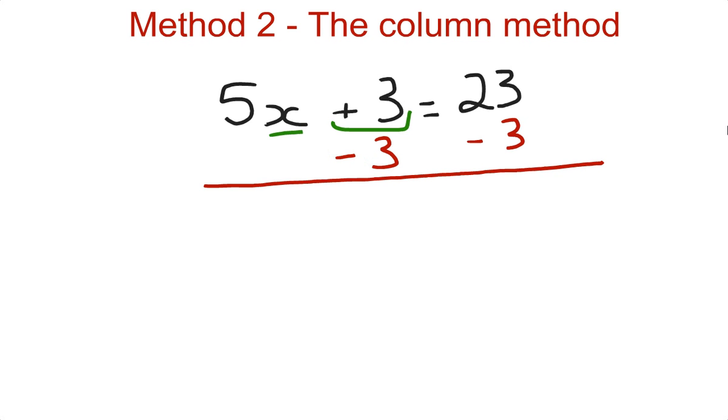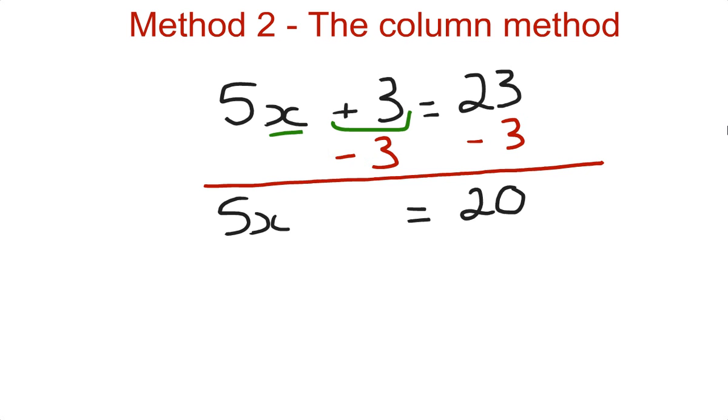So here we go. I've not done anything to the 5x, but as you can see, 3 take away 3 is nothing, so I'm going to leave it blank. And 23 take away 3 is 20.